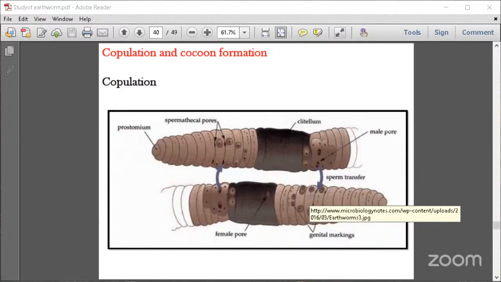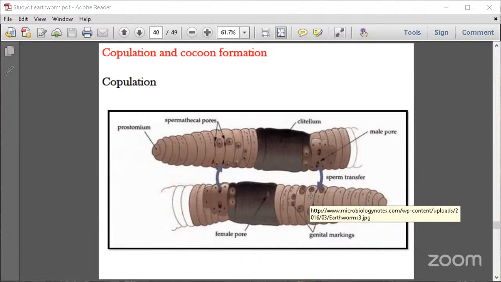Both worms remain united by secretions of accessory glands and by mutual penetration of setae into each other's body. Sperm and prostatic fluid of each worm are exchanged and stored in the spermathecae through the spermathecal pores.